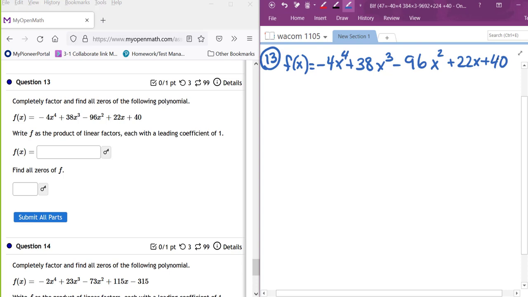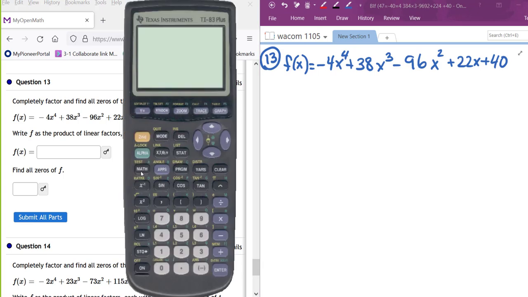And the first thing I would do is go to the calculator to try to get some zeros.